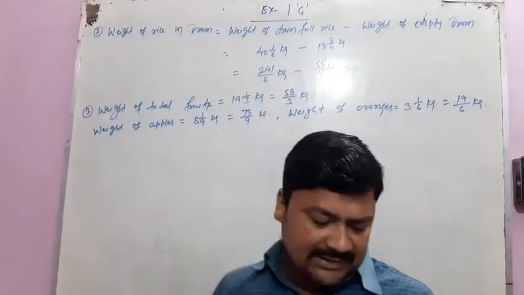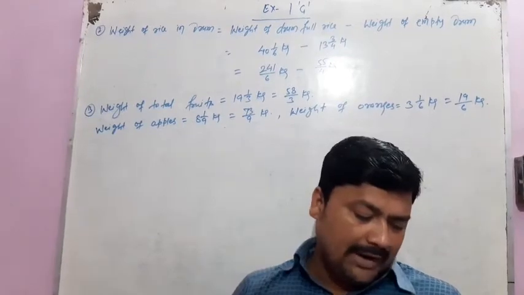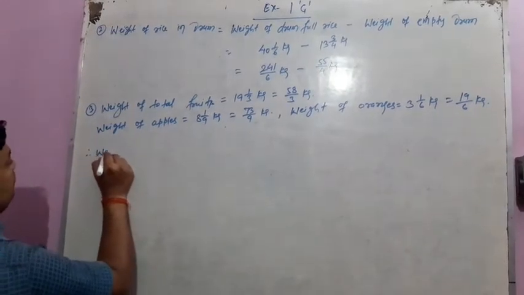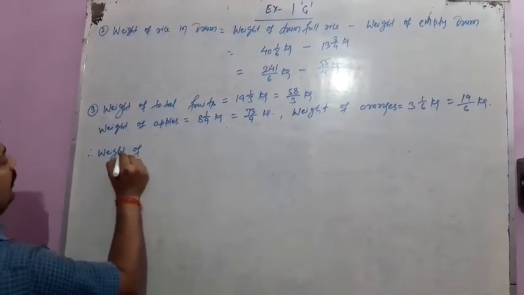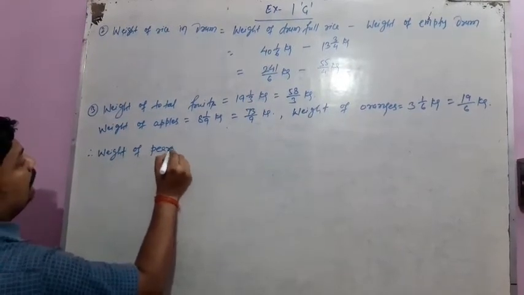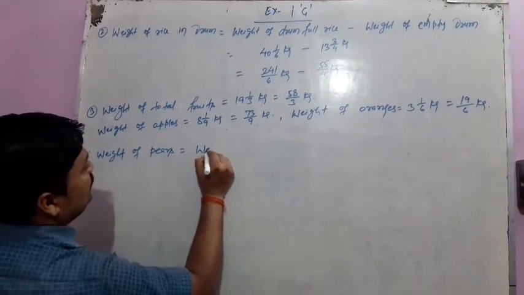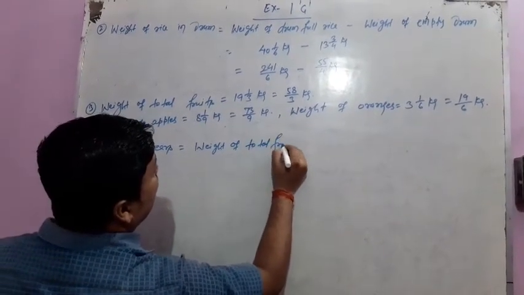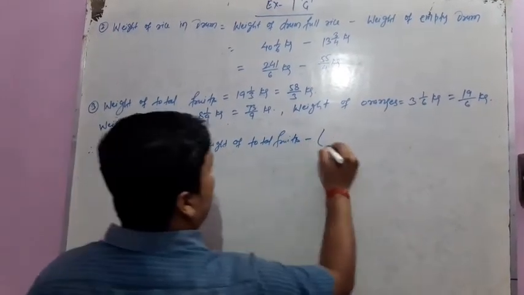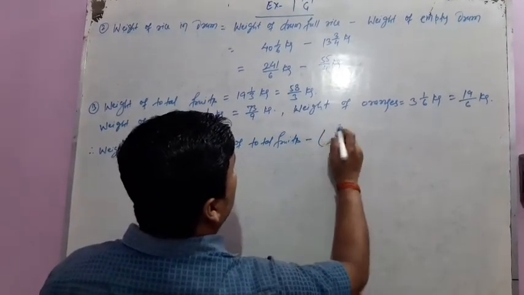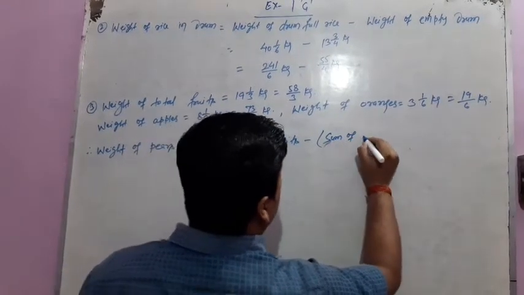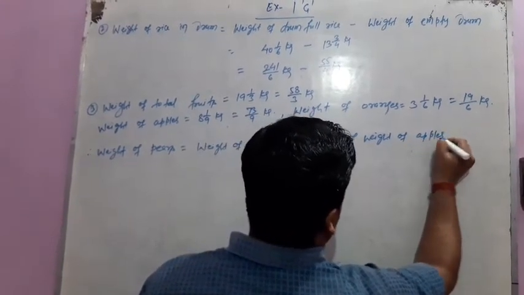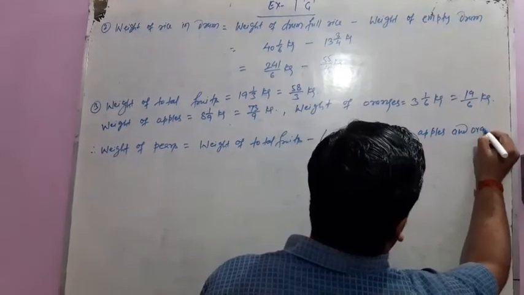Okay, it is asked in the question, what is the weight of pears in the basket? Therefore, weight of pears is equal to weight of total fruits minus sum of weight of apples and oranges.